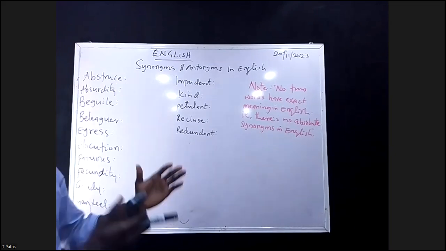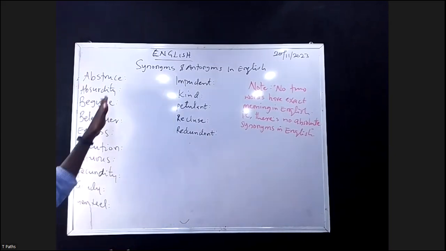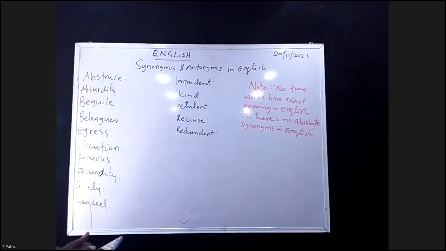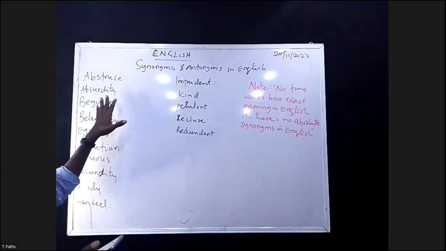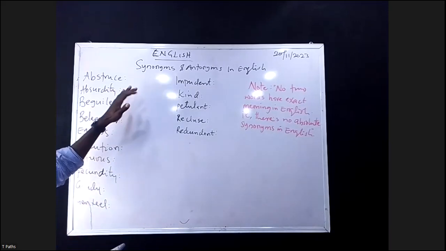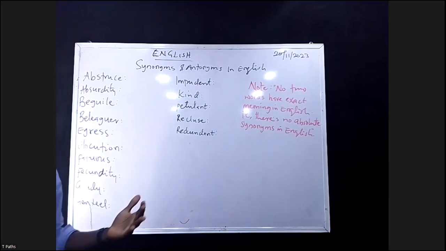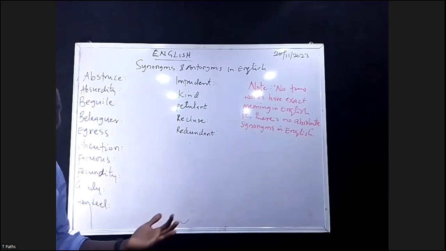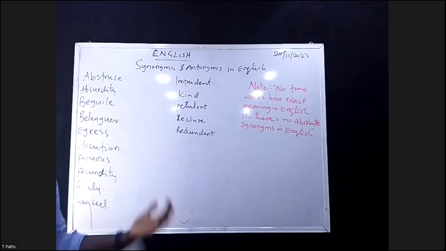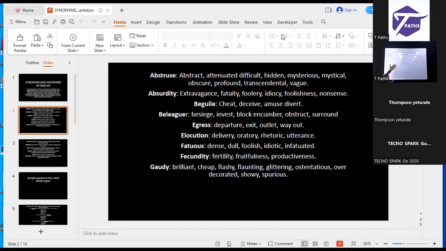There are other words that are similar to the words you see on the board. For instance, the word abstruse. What does it mean? It means abstract, attenuated, difficult, hidden, mysterious. It also means mystical, obscure. Profound is another word you can use for it.